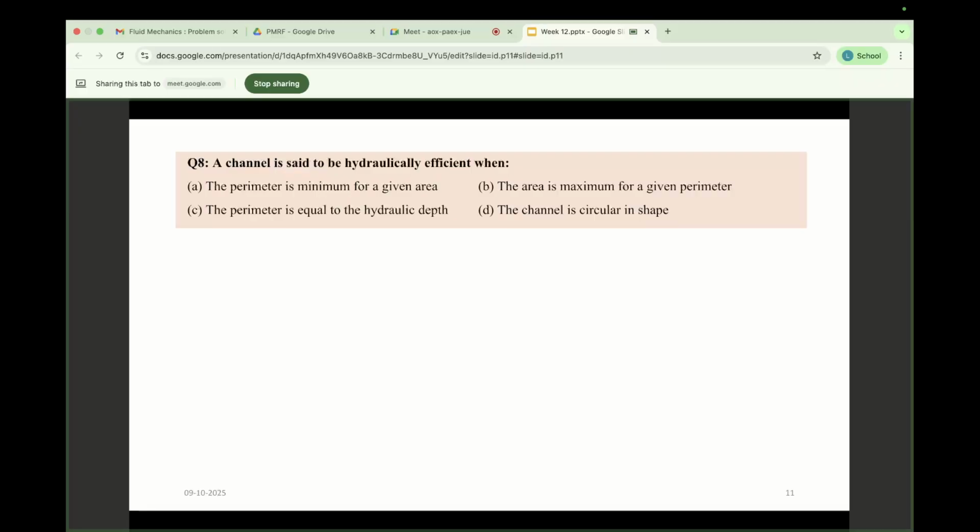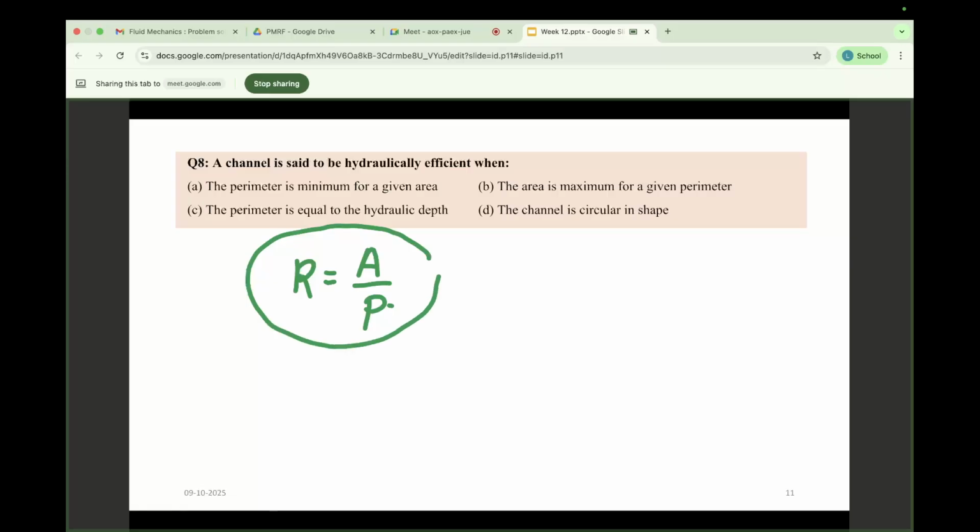So for any given area A, the hydraulic radius R is A by P. This is the formula, right?